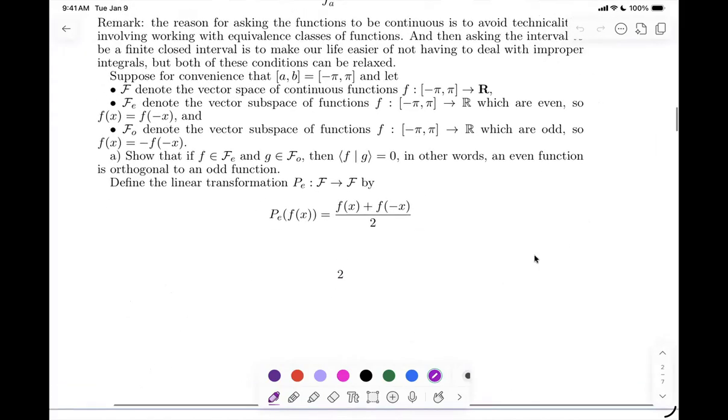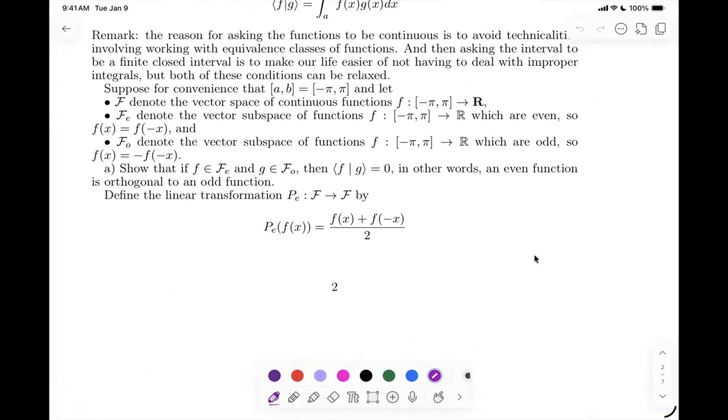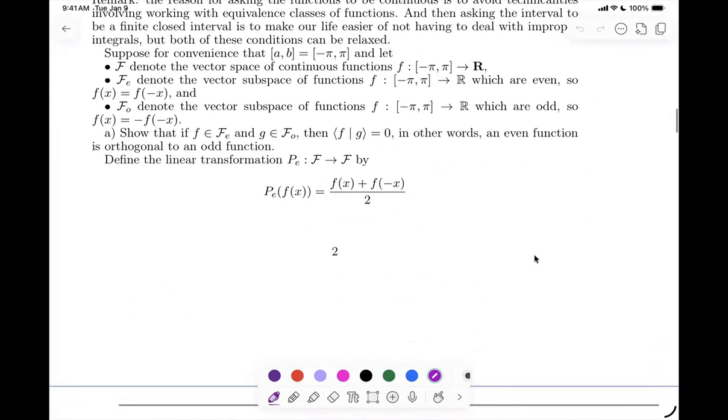What I was saying is, let's check that an even function is perpendicular, or orthogonal, to an odd function. You can also extend a lot of the ideas of linear algebra. For example, in linear algebra you can talk about projecting a vector onto a space. So you can project a function onto a space too.